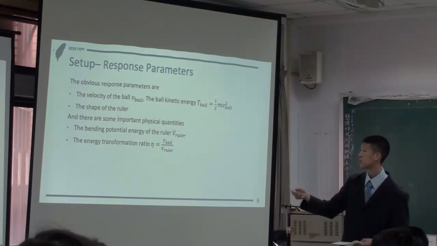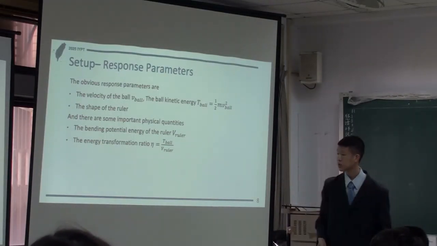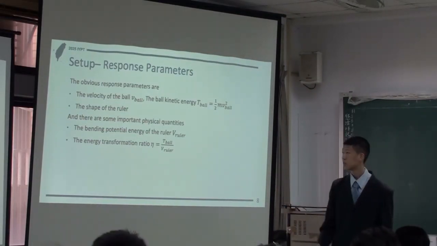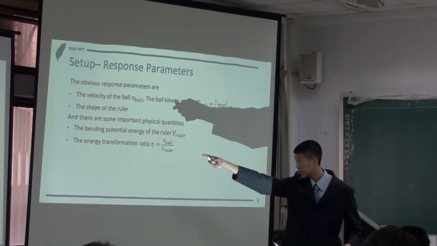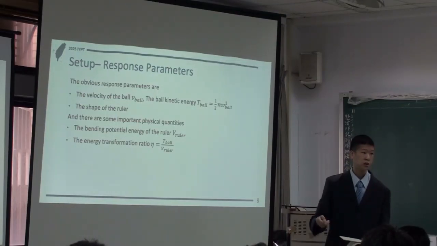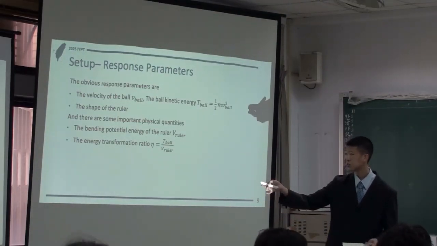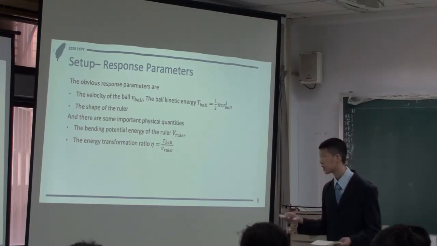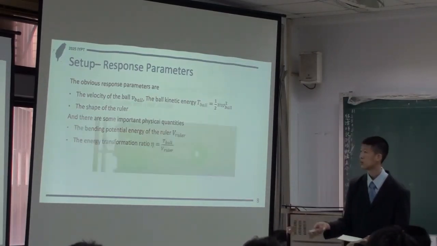And there are some important physical quantities. Our report is mainly about the bending potential energy of the ruler, and the energy transformation ratio to the kinetic energy of the ball. Okay.